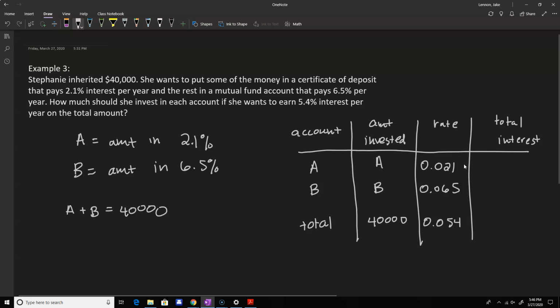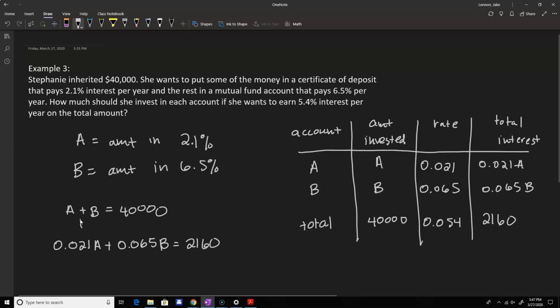The total interest we get by multiplying across the row: 0.021 times A and 0.065 times B. And the total interest is 0.054 times 40,000, which is 2160. So our total interest equation is 0.021A plus 0.065B equals 2160 in interest.